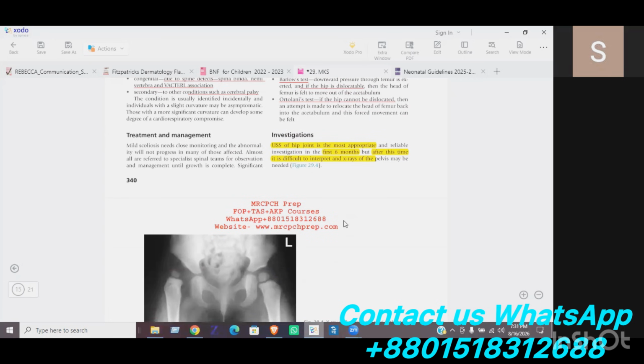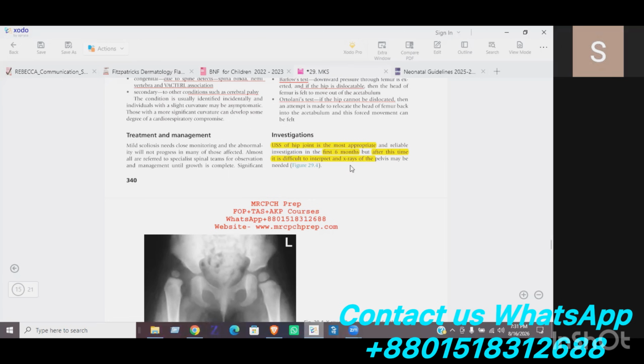Another most important point: if a baby presents with developmental dysplasia at birth or at 6 months of age, what investigation will we do first? First of all, ultrasonography of the hip joint, in the first 6 months.